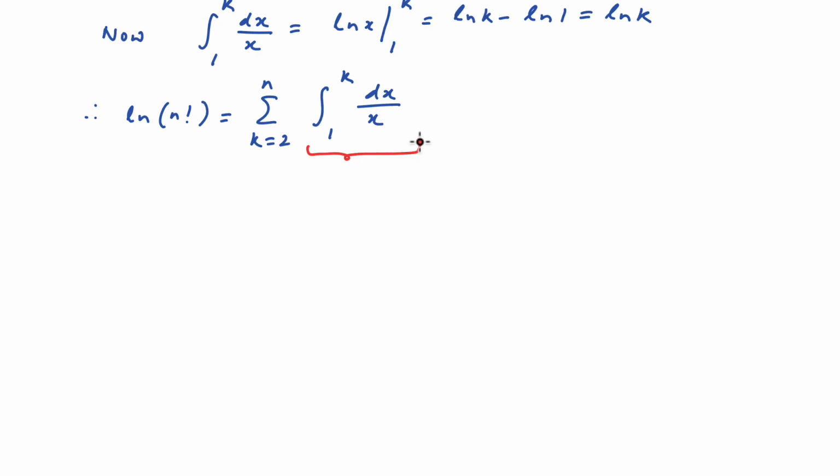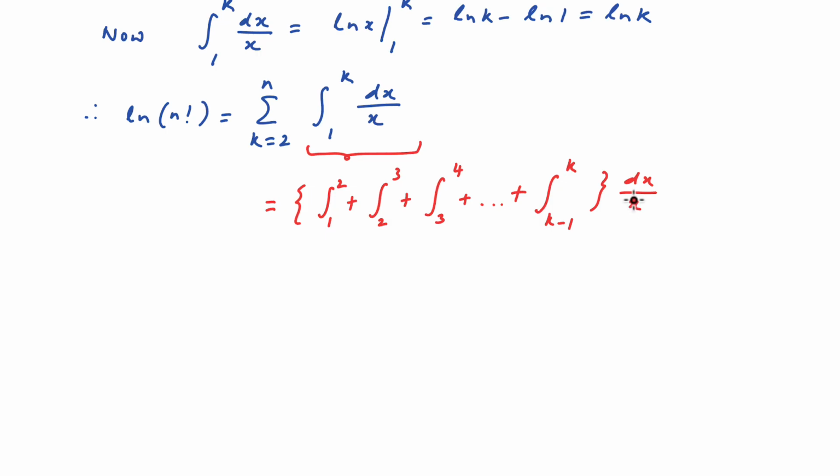Now the integral from 1 to k can be expressed as integral 1 to 2 plus integral 2 to 3 plus integral 3 to 4 plus and so on, and finally integral k minus 1 to k 1 upon x dx. This can be expressed as summation j going from 1 to k minus 1 integral j to j plus 1 1 upon x dx.